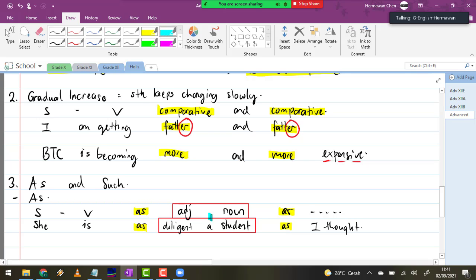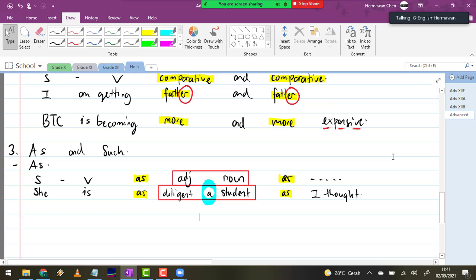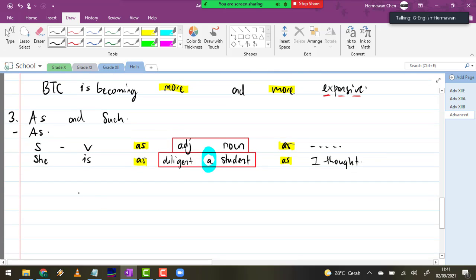I want you guys to be careful with this article. I put the article there. What if the subject is plural? What is the result? This is the result. Sorry, I changed the subject into they. They are as diligent students as I believe.